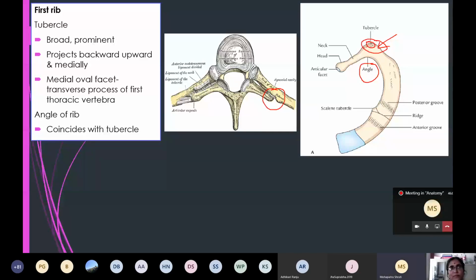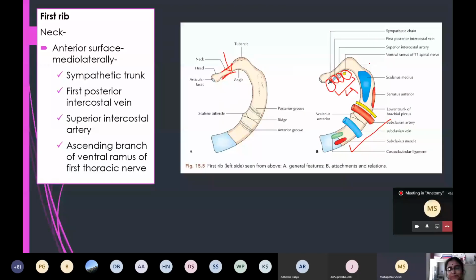Now, can you enumerate the relations of the neck in order? Ma'am, the anterior surface of the neck has the sympathetic trunk, first posterior intercostal vein, superior intercostal artery, and ascending branch of the ventral ramus of the first thoracic nerve.